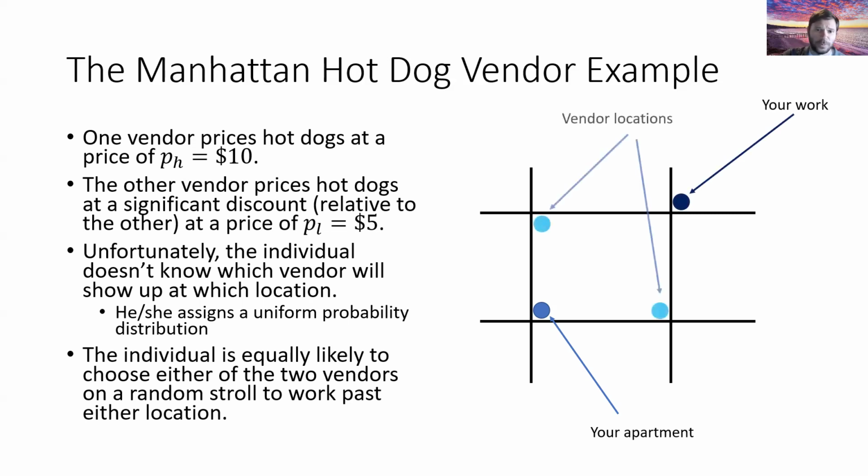And there are 2 potential vendor locations that we could go to on our way to work. We could either take the north and then east route to get to work, meaning we would pass the top left, that northwest vendor location, if you will, or we could have gone first east and then north by taking route 2.